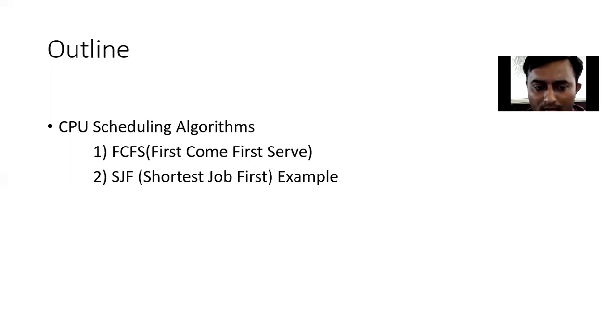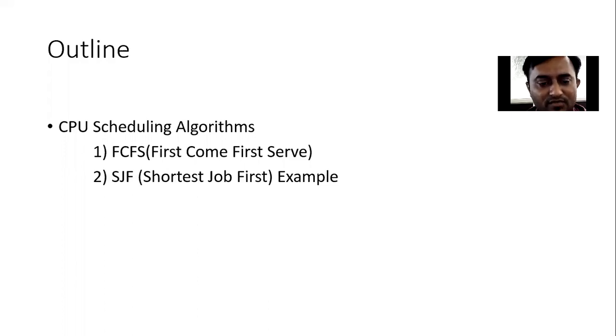There are two flavors when we are talking about SJF: SJF having primitive nature and SJF having non-primitive nature. We have discussed what is a primitive algorithm and what is a non-primitive type of algorithm in detail in the previous sessions.